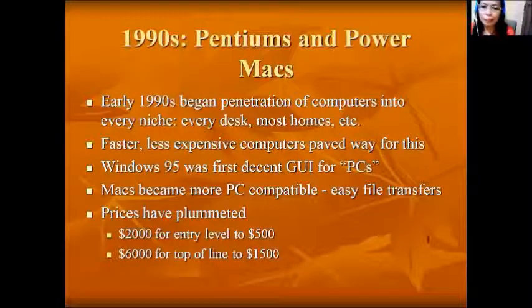Next, 1990s, the Pentiums and the Power Macs. Early 1990s began the penetration of computers into every niche, every desk, most homes. Faster, less expensive computers paved the way for this. Windows 95 was the first decent GUI for PCs. Macs became more PC compatible, easy file transfer. Prices have plummeted from $2,000 for entry level to $500, $6,000 for top of the line to $1,500.